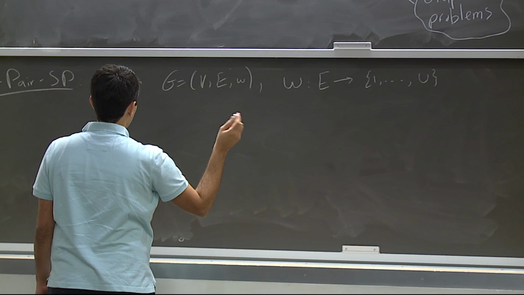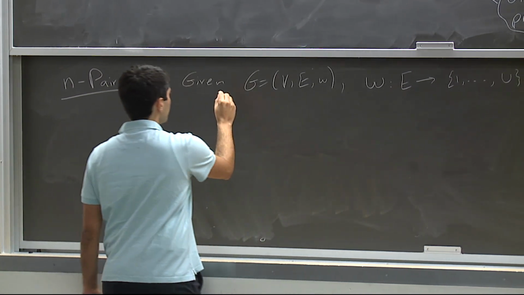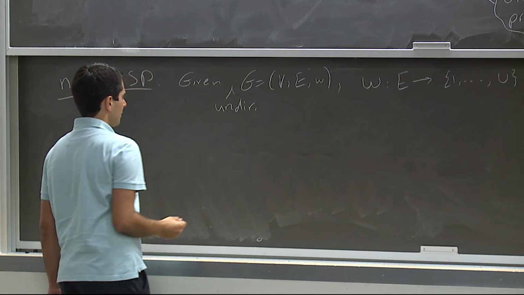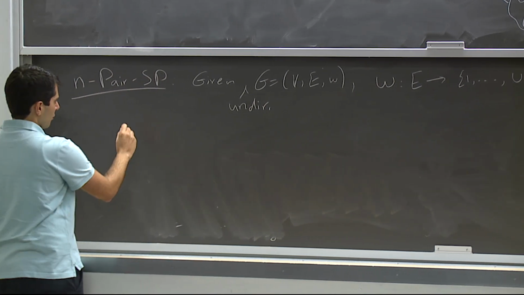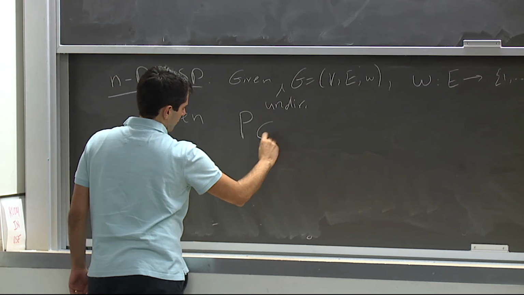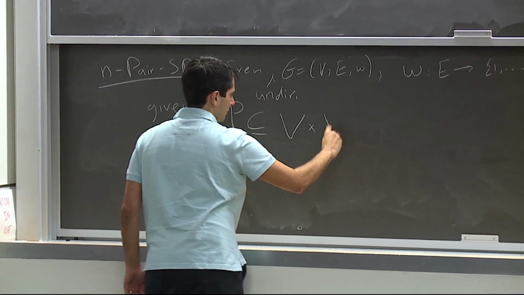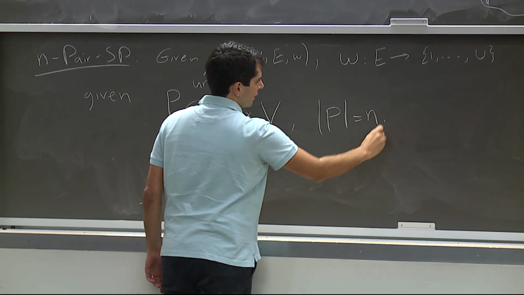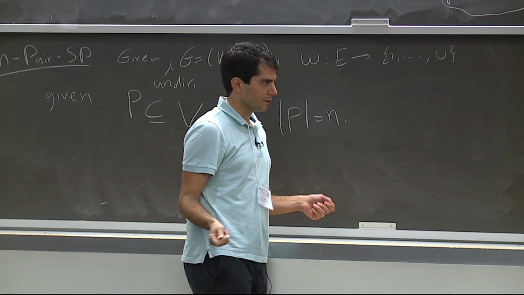So we're given a graph and its weights. Let's say it's undirected, just to be simple. And you're also given a set of pairs of size n. So you get n pairs of nodes, and you have to return the distance for all these pairs.